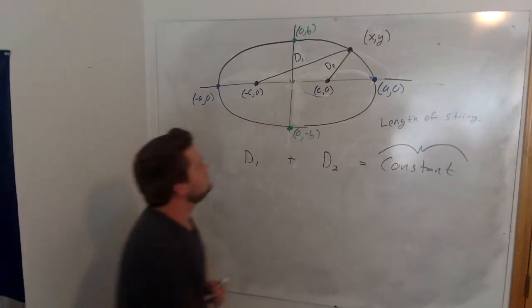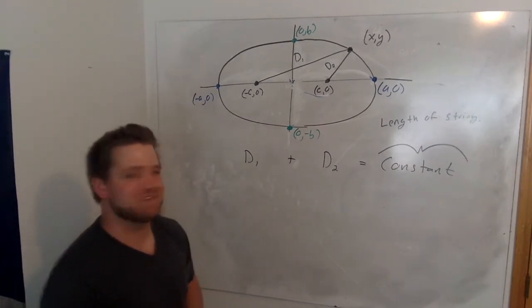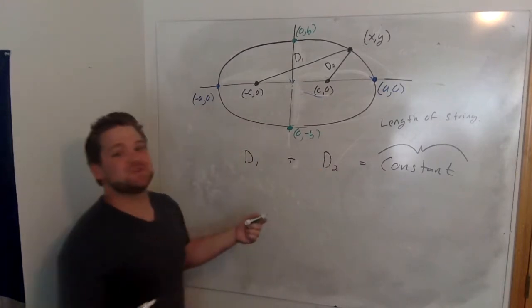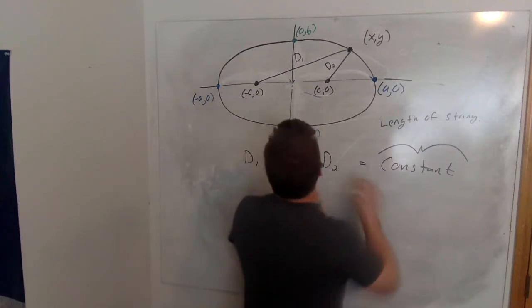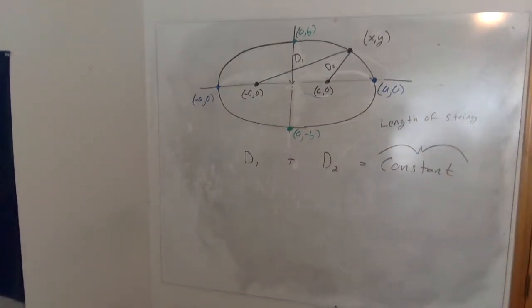Okay. So let's go ahead and actually try to write down what these two distances will be. We're, of course, going to be using the Pythagorean theorem again, so let's draw some right triangles. Let's grab a red marker, and a purple one.